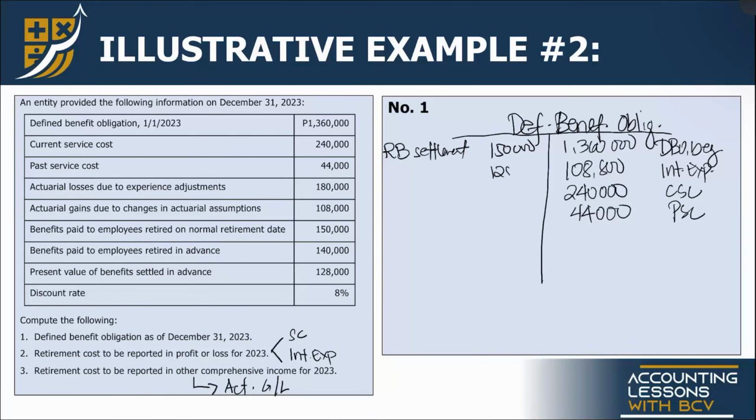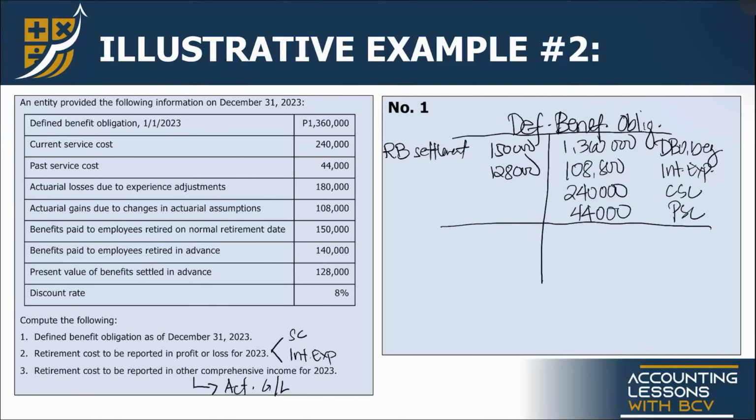So, 128,000. Okay? Eh sir, saan natin lalagay si 140,000? Later on, in our next lecture video, doon yung malalaman saan nilalagay yung benefits paid to employees retired in advance. Clear? Okay? Yan. So, computin nga natin yung unadjusted balance niya.